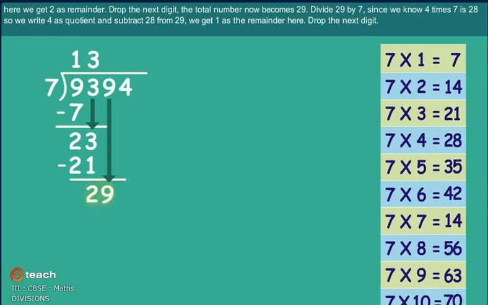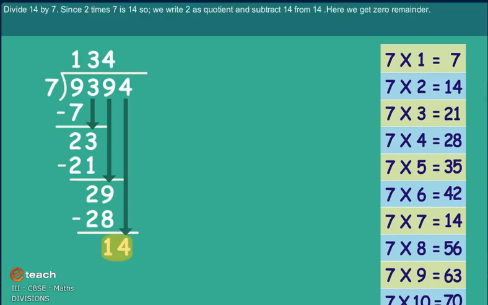Divide 29 by 7. Since we know 4 times 7 is 28, we write 4 as quotient and subtract 28 from 29. Remainder we get 1. Drop the next digit. Divide 14 by 7. Since 2 times 7 is 14, we write 2 as quotient and subtract 14 from 14.